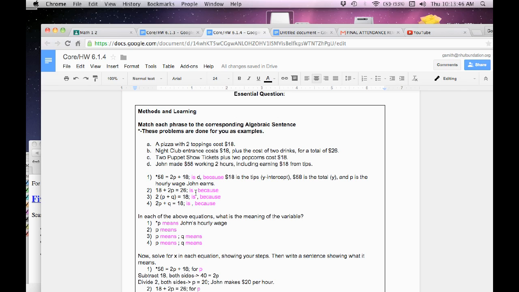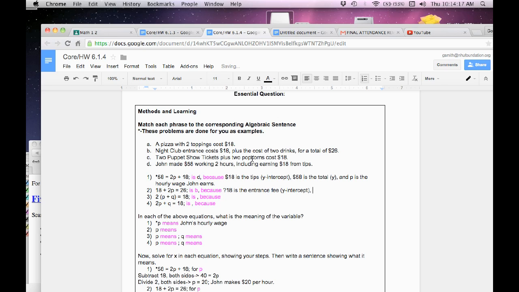So that would be B, because 18 is the entrance fee. That's the y-intercept because that's what you pay to start out with.